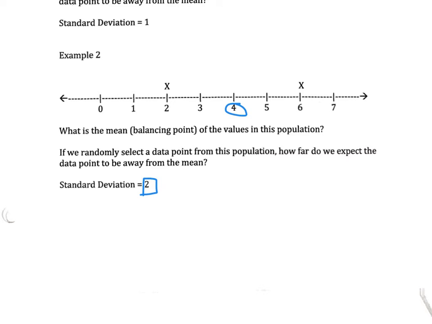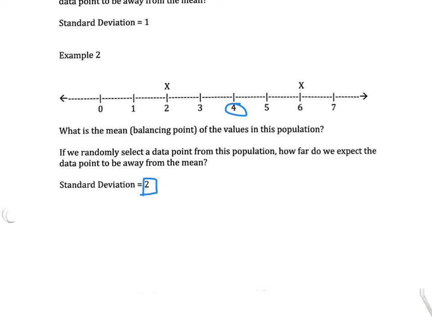So if we were going to try a calculation of the standard deviation at this point, we might take the difference between each individual data point and the mean, add them together, and divide by the number of numbers. So let's try that.